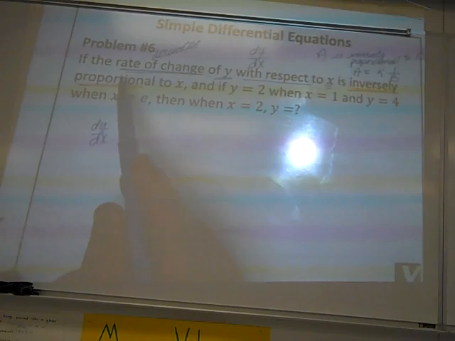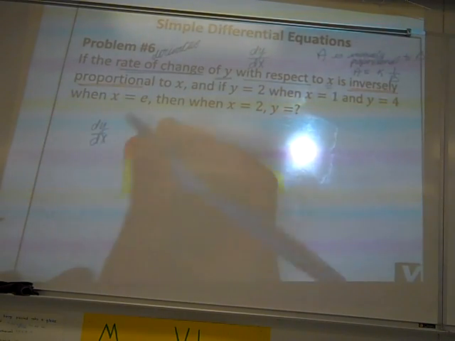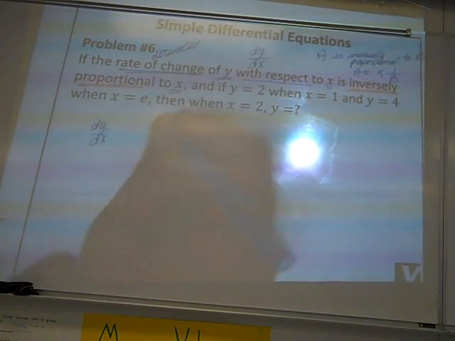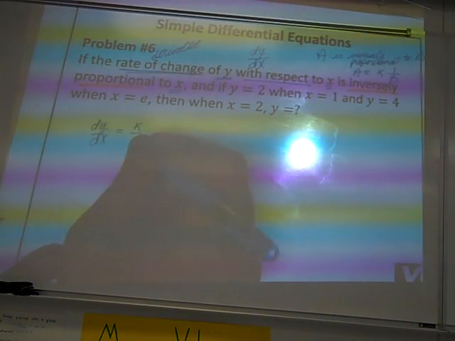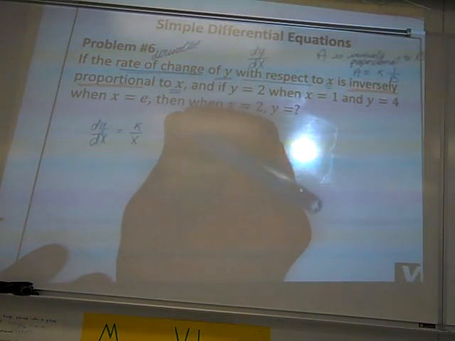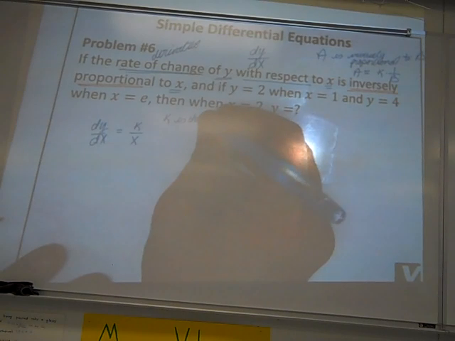So if the rate of change of y with respect to x is inversely proportional to x, then I would say that dy dx equals k over x, where k is the constant of proportionality.